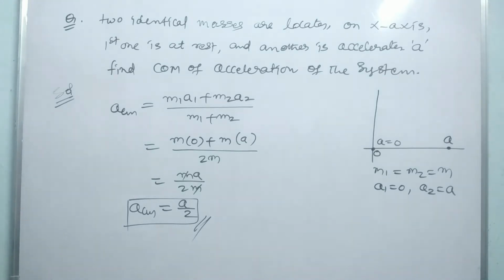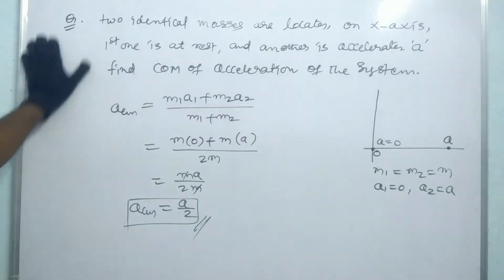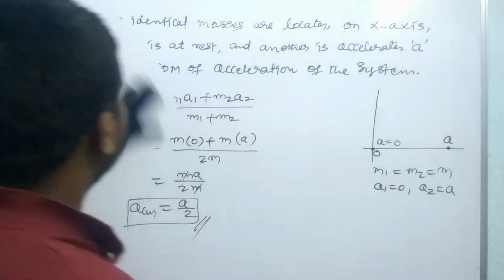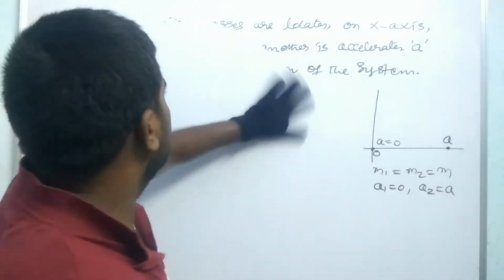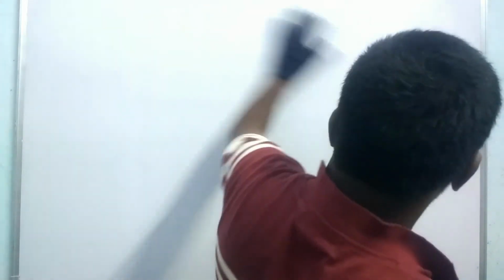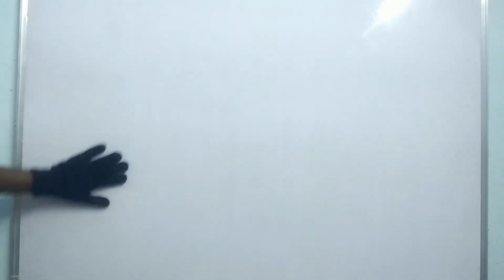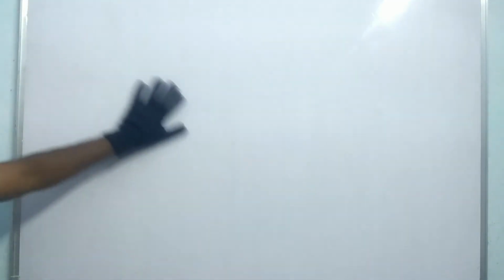So this is the center of mass of acceleration of the system. Clear? Okay. Now let us see a different concept, spherical discs and spheres. How can we find the center of mass of spheres and discs in contact with each other?